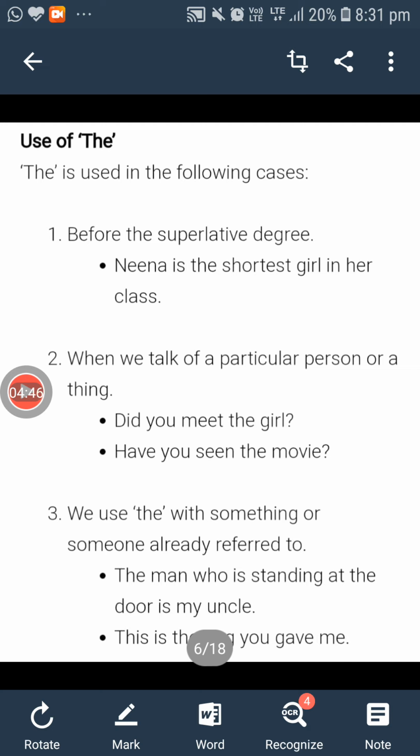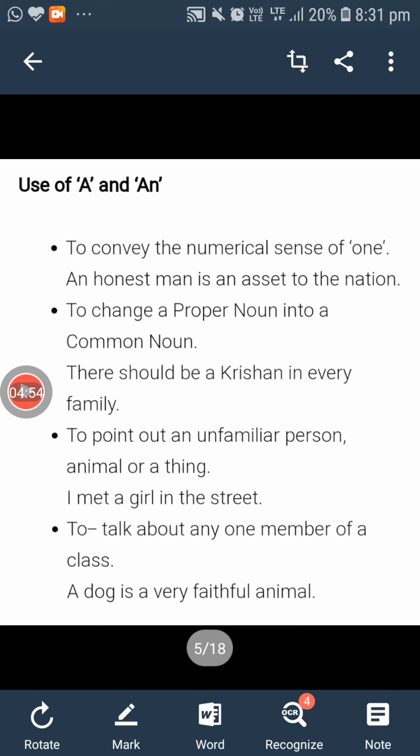Then I want to tell something here about the article a again. A is used with a singular countable noun or adjective beginning with a consonant sound. The rule can be understood with the help of these sentences, like I ate a banana, I saw a tall girl.